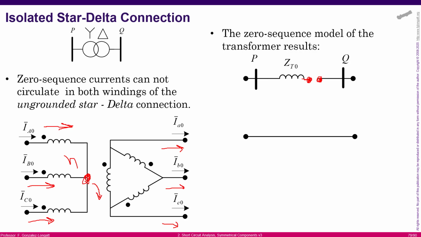We have an open circuit at the lines because there is impossibility of having zero sequence currents moving from one side to the other in this connection. I need you to understand that this kind of information must be in your mind, how to create the model and how to identify the proper sequence model.